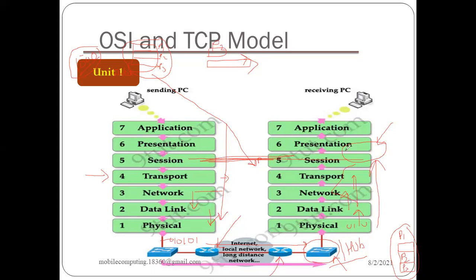Then the presentation layer will present the data in the form that we want to present it to the application layer. And then on your interface where you are using Gmail, you are able to see the data that has been sent by the sending PC, right?